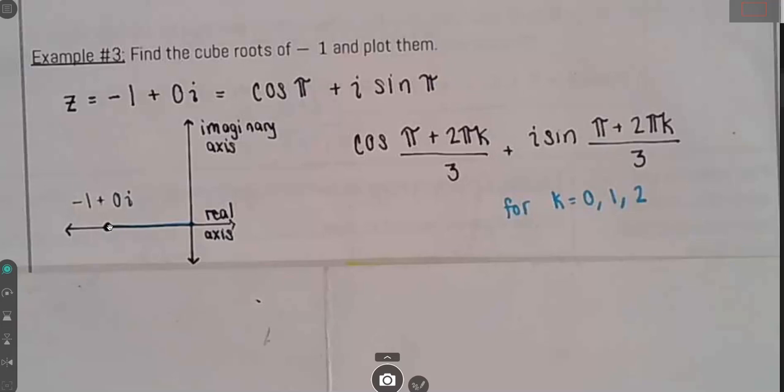If you have cosine pi over 3, that's on the unit circle. So you solve for cosine pi over 3.